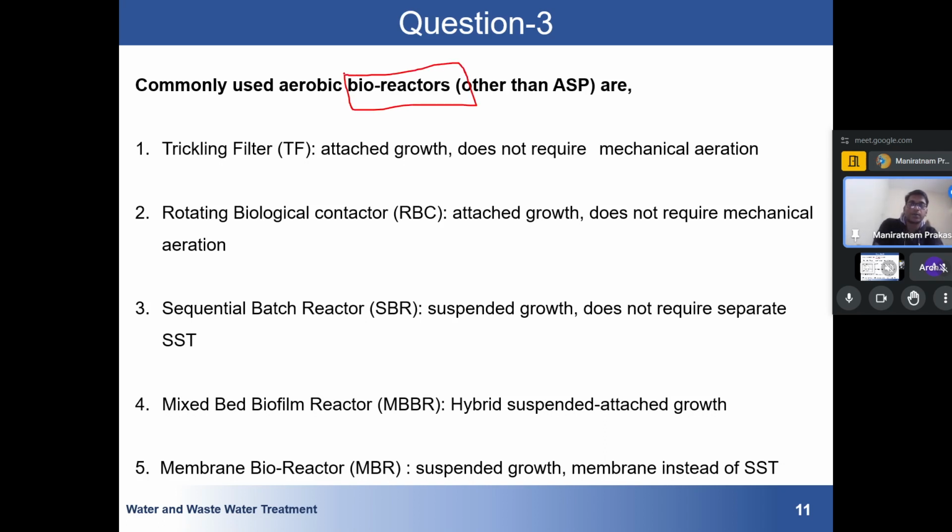So what does this bioreactor do? A bioreactor has two parts. First is the aeration tank, a simple tank, and then there is a sludge handler, a kind of tank only.